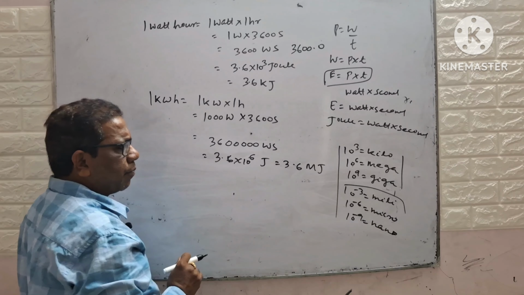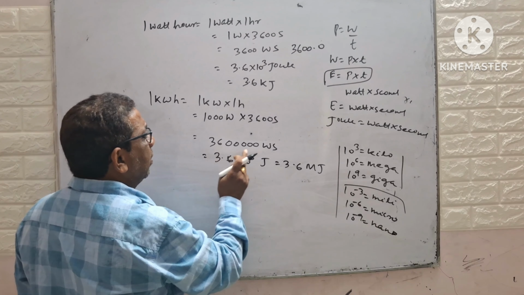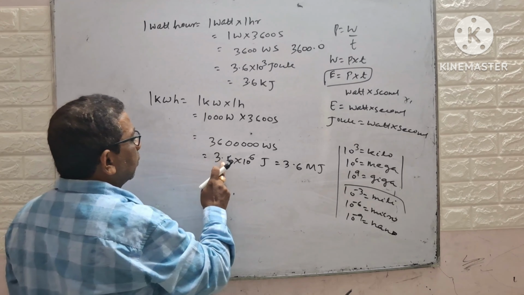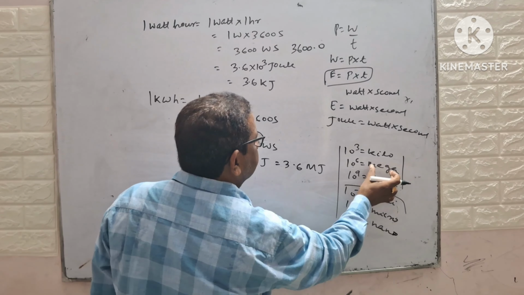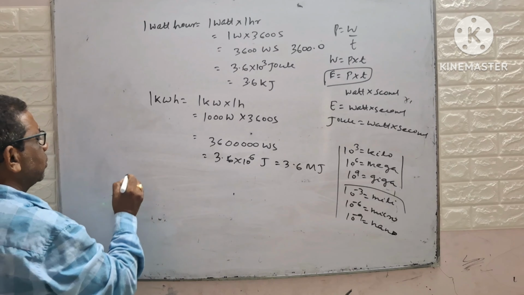If we write in standard form, how many places will we shift the decimal? 1, 2, 3, 4, 5, 6. 3.6 into 10 to the power 6 joule. 10 to the power 6 means mega. 3.6 megajoule.